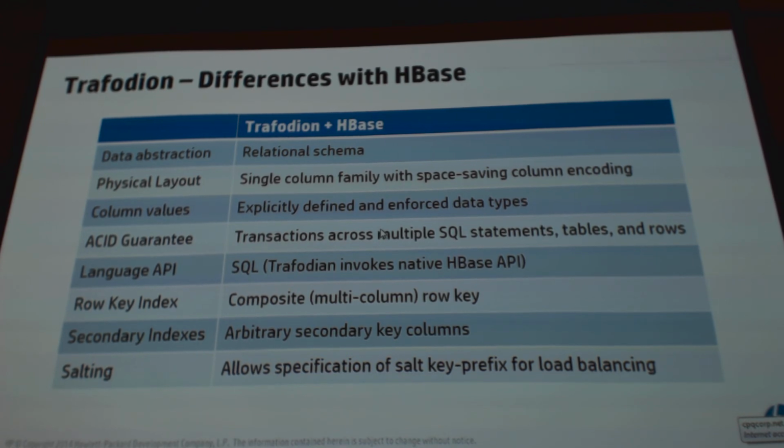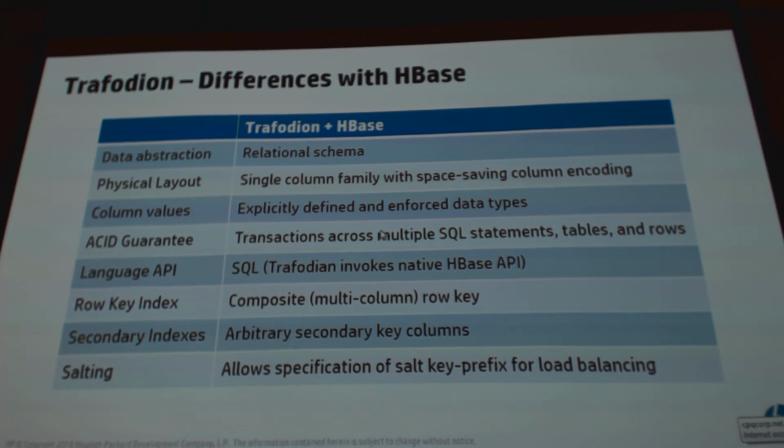And then for the column values, you can define what kind of data type you want. We support various data types I'm going to cover in a bit. And we actually store that in the encoded form. So if you have a table with 5 columns, you get 5 rows if you insert values in each one in HBase, right? Column value combinations with the key and of course the various data types.